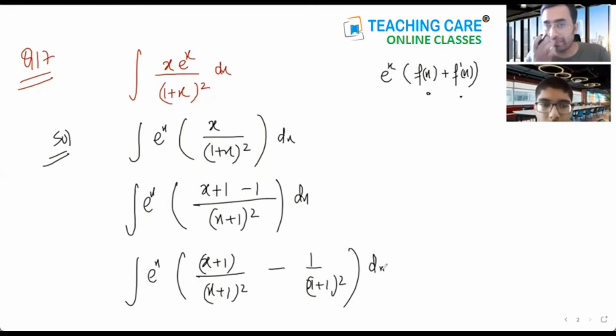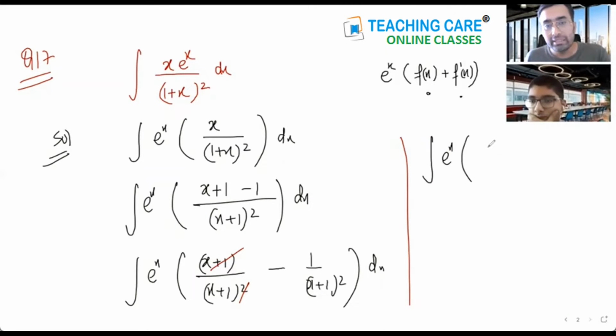Now you can observe that this term x plus 1 got cancelled out. So now this one is going to be the integration of e raised to the power x times [1 over (x plus 1) minus 1 over (x plus 1) whole square].